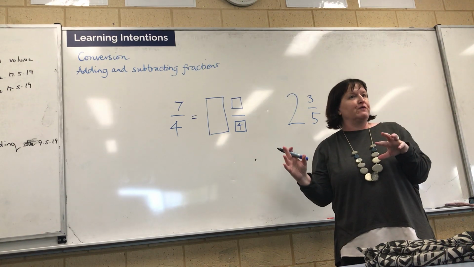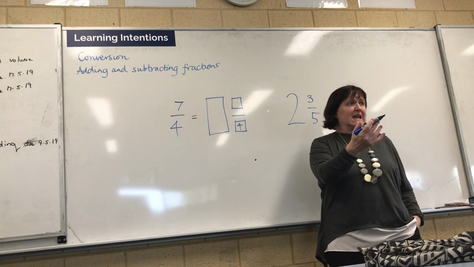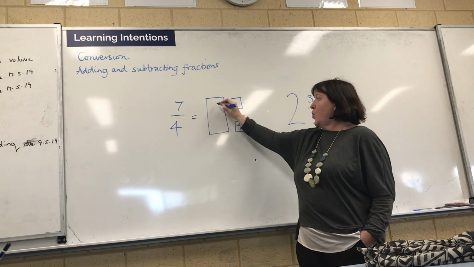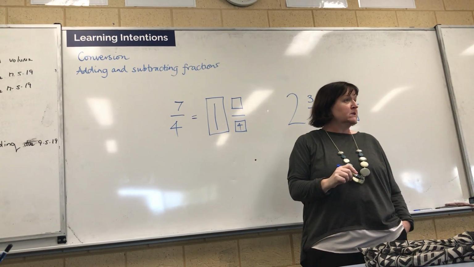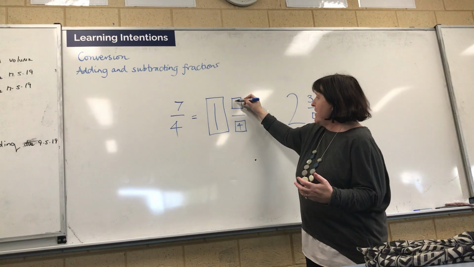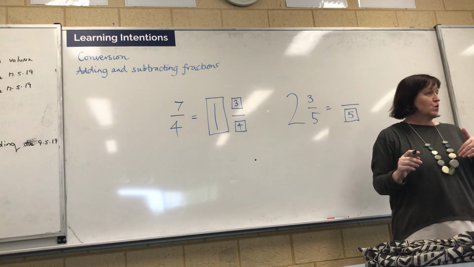But when you do your first conversion, the denominator is the same. And just like Ian said, how many 4s are there in 7? Well, there's 1, so that's your whole number. And then how many quarters would be left over? There are 3. So 7/4 is 1 3/4.